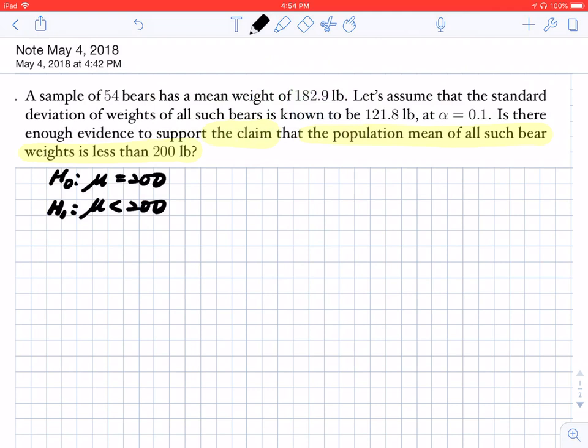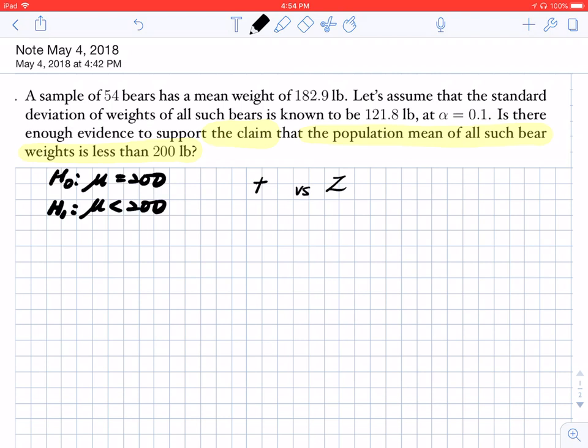And then next, we need to verify the probability distribution of this hypothesis test. Usually when you're testing the population mean, we can think of two probability distributions: Z, the standard normal distribution, or T, the Student t distribution.